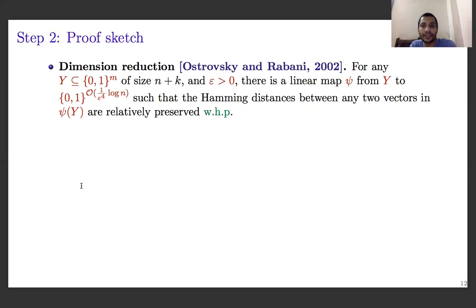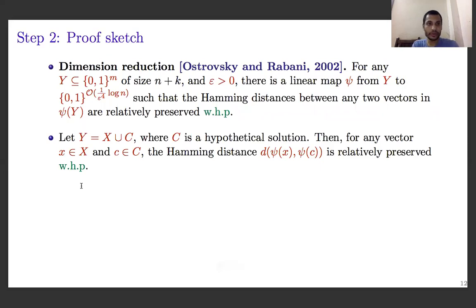That is, I can map Y to a small dimensional space such that the Hamming distances between any two vectors in psi of Y are relatively preserved with high probability. So we can think of Y as X union C, where C is a hypothetical center. Then for any vector x in X and c in C, the Hamming distance between psi x and psi c is relatively preserved with high probability.